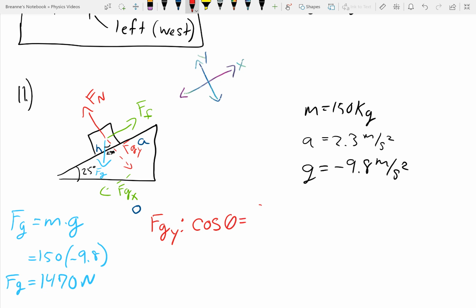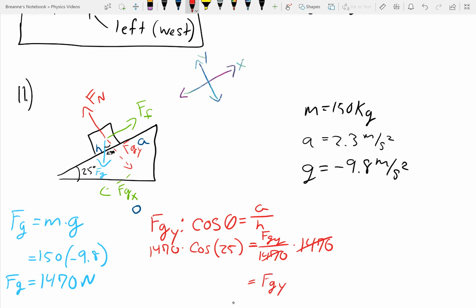Cosine theta equals adjacent over hypotenuse. So you can plug in your information there. Our adjacent is our force of gravity in the y. Hypotenuse is our force of gravity we just found. We want our force of gravity in the y to be by itself. So the opposite of multiply is divide, and the opposite of divide is multiply. Just flip it.